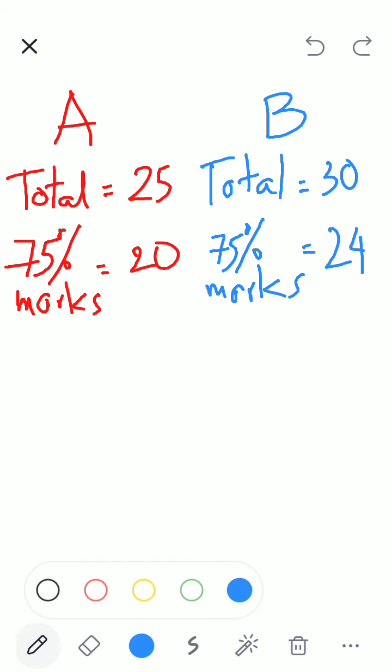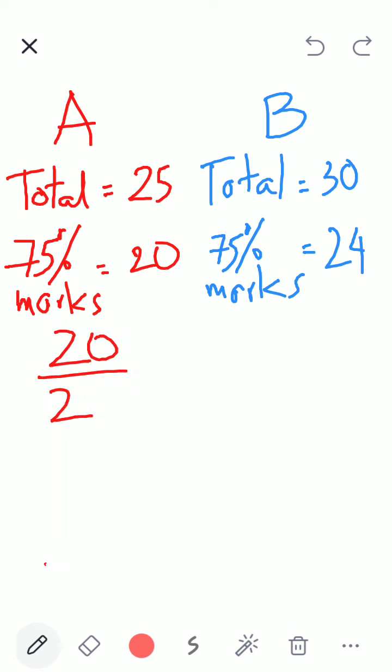This is absolutely correct. There's nothing wrong. So now the fraction was what? What Govardhan did, fraction? 20 by 25. And fraction of class B was 24 by 30.